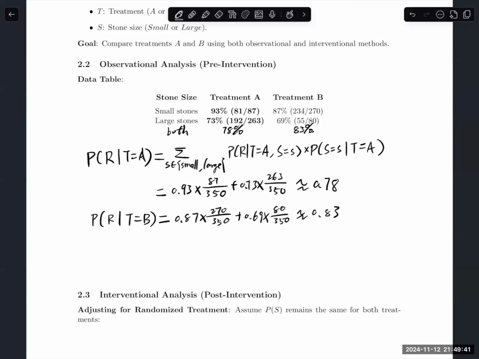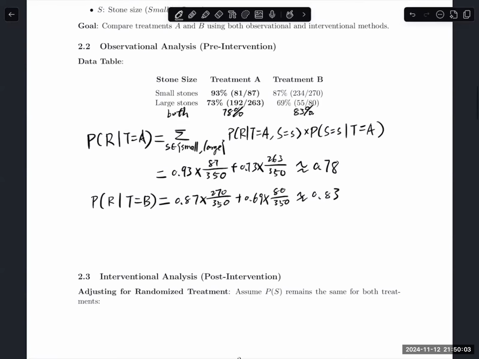Based on this analysis, it appears treatment B is more effective. However, this conclusion does not consider the potential confounding effects of the stone size. If we only focus on the observational probability, this is also known as Simpson's paradox.